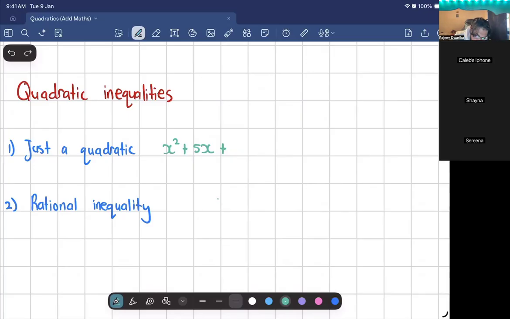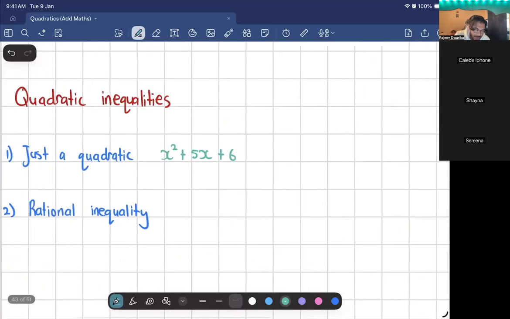Okay, I'll say 6, right? So Shayna, let's just say we have this quadratic. And you know how to solve a quadratic, right? Yes or no? Yes, sir. Right.